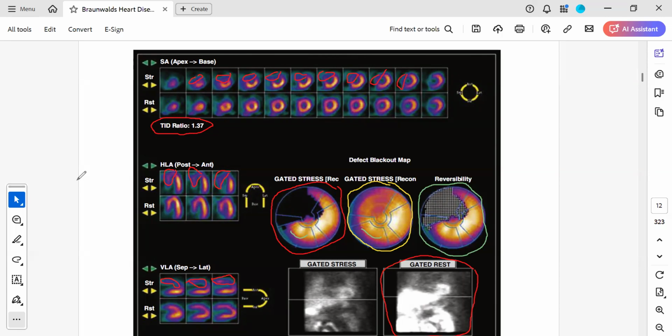However, if it's low, but within, let's say, 1 to 2 standard deviation below the mean, it's marked as the hashtag. And this hashtag connotes that that area has reversible ischemia.